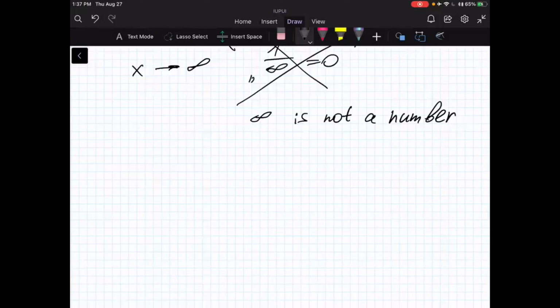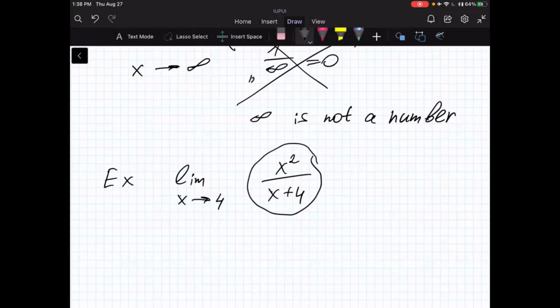Let's consider the following expression. Limit when x goes to 4 of x squared over x plus 4. So how should you think about it? You should think about what happens with this expression when x approaches 4.